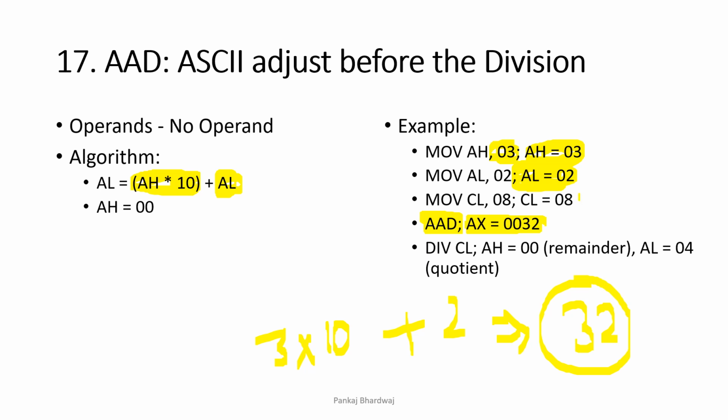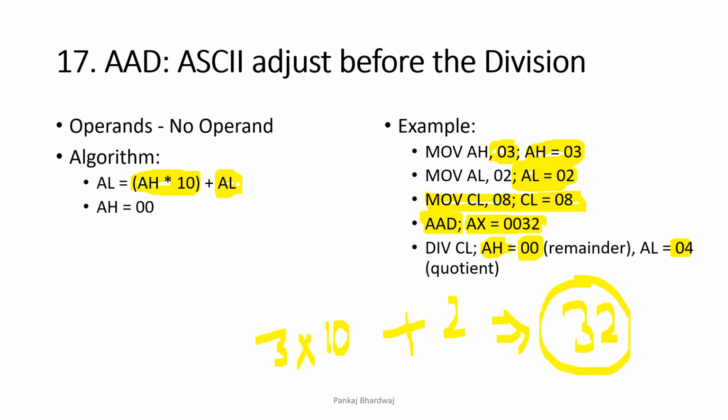And if we want to divide, then MOV CL, 8, that means we want to divide 32 by 8. The remainder, that is 0, will be stored in AH as in the previous example of divide, and the quotient will be stored in AL, that means 32 divided by 8, that is 4.